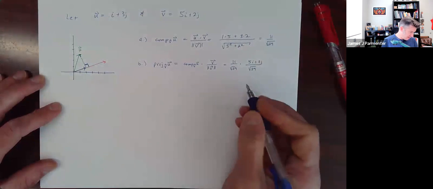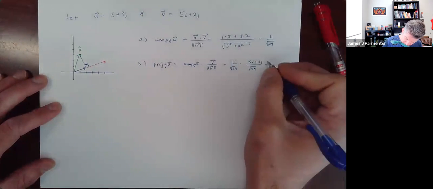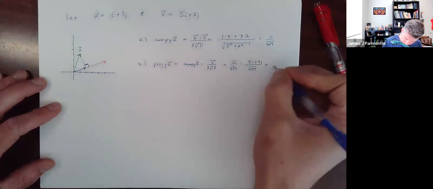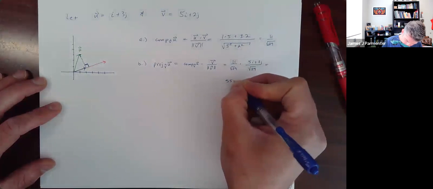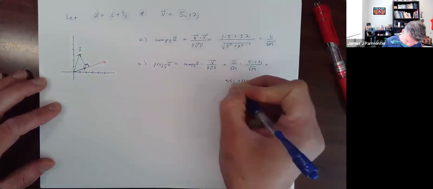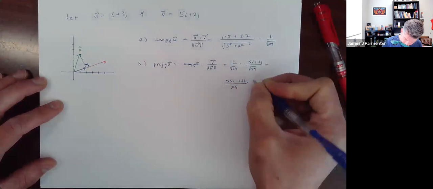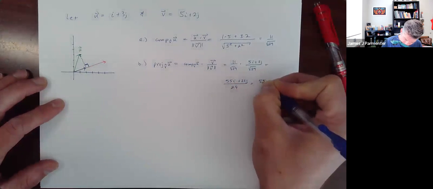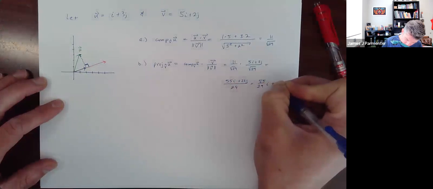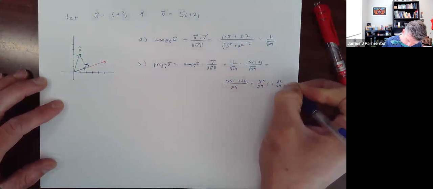Now, I probably wouldn't leave it like that. I would distribute that 11 to each of those things and write it as 55I plus 22j over 29, or even probably more likely 55 over 29 I plus 22 over 29 j.